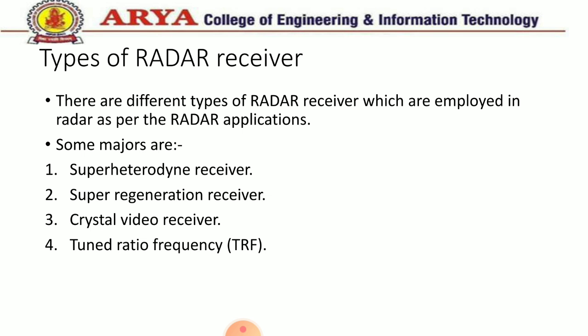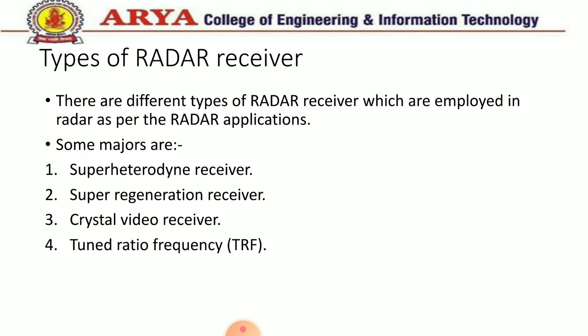So these are some types of radar receiver. Let us see how many types of radar receivers there are. Majorly we have four types of radar receiver. There are different types of radar receivers which are employed in radar as per the radar application.